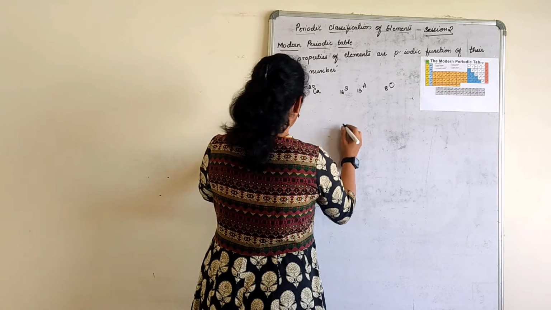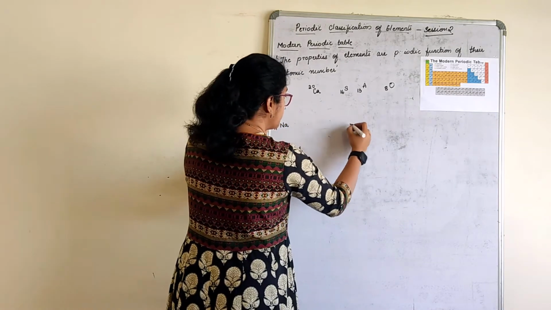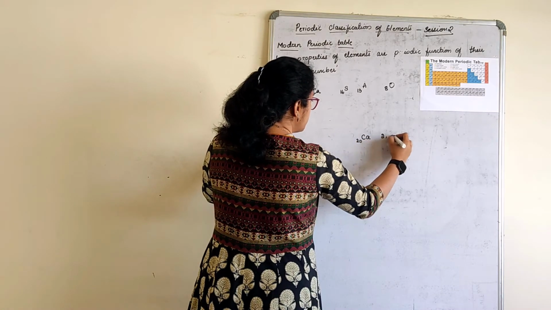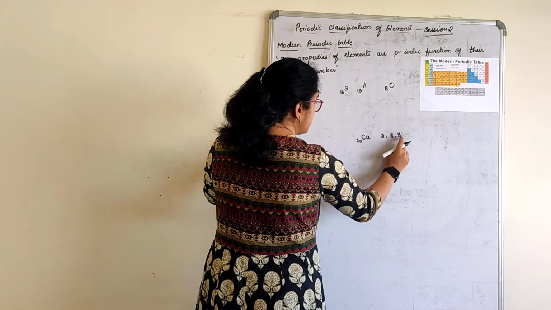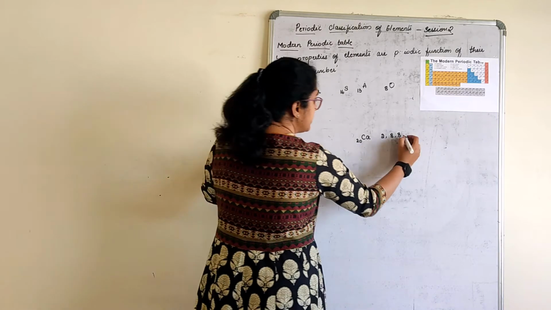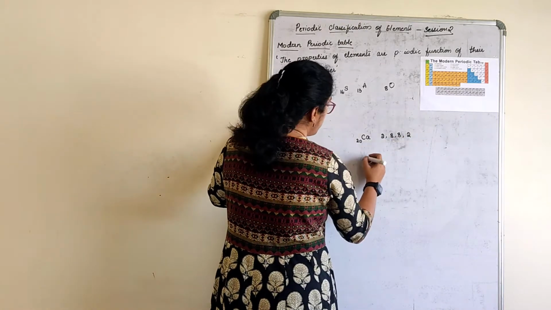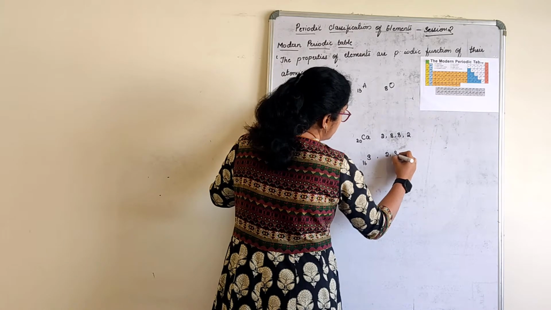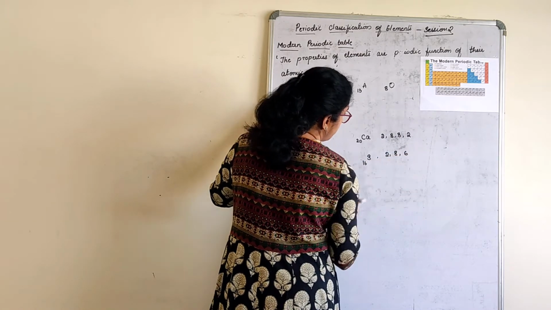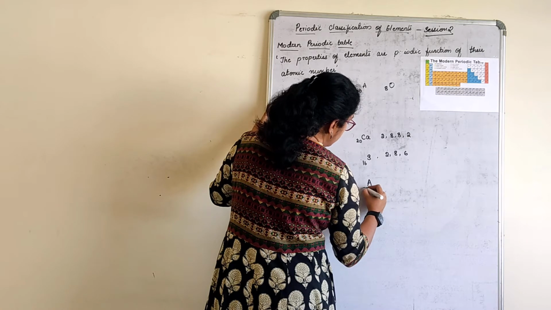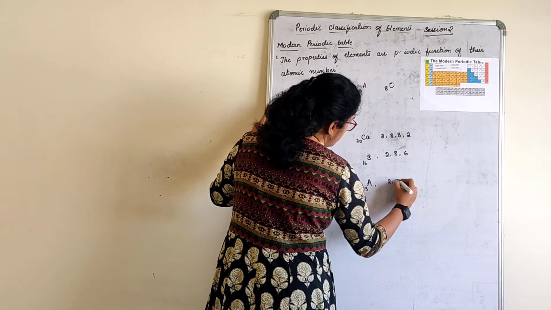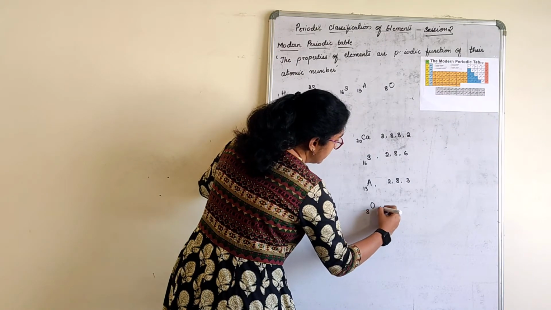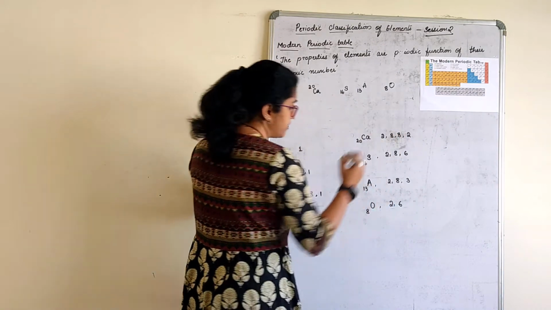Then after sodium we have calcium 20. So this is 2, 8, 8 plus 8: 16, 17, 18, 19, 20. Then we have sulfur 16, so this is 2, 8, 6. Then aluminium 13, so this is 2, 8, 3. And I have oxygen 8, which is 2, 6.